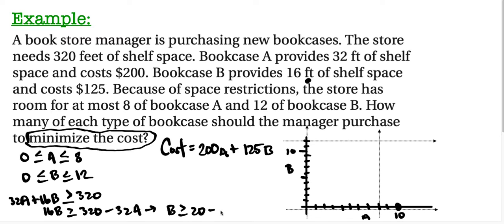Wouldn't you just take away 32A and then divide by 16 on 320? Yeah, I was just having trouble doing math in my head. Okay. 2A. So I have a y-intercept of 20 and a slope of -2, which goes down to 10.